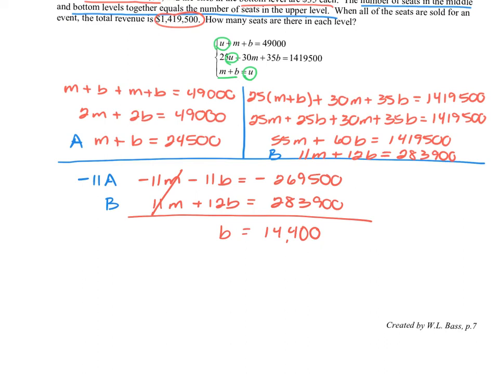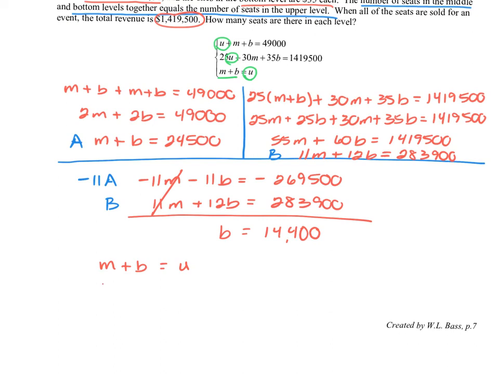Okay, our middle seats and the bottom together. So remember, our middle plus our bottom together is supposed to equal the upper. So we can go back to this equation right here, and we've got this 24,500. So we can say our middle plus our bottom is 24,500 at this point.